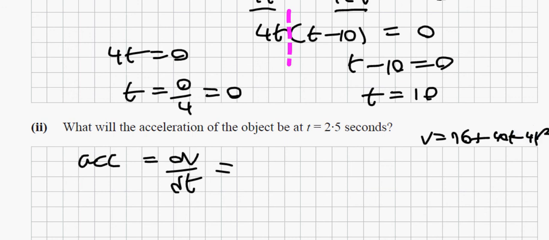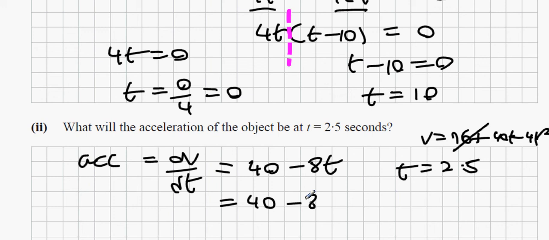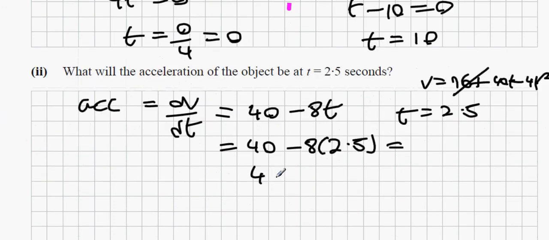So let's differentiate this. 96 goes, 40t turns into 40, 4t squared turns into minus 8t. We know that t equals 2.5, so it's going to be 40 minus 8 times 2.5, and 8 times 2.5 is 20, so 40 minus 20. So it's going to be 20 meters per second squared.